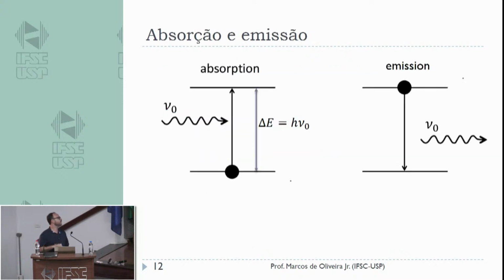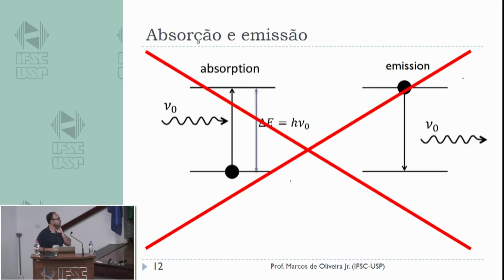Okay. Then, saying it like this, now you have 2 energy levels, you have populations, and then the spectroscopy is done by promoting this guy to the upper state, and then when it goes back, it emits a radiation, and we detect this radiation. It would be easier that way, but it's not how we do the experiment. The experiment is done a little bit differently.